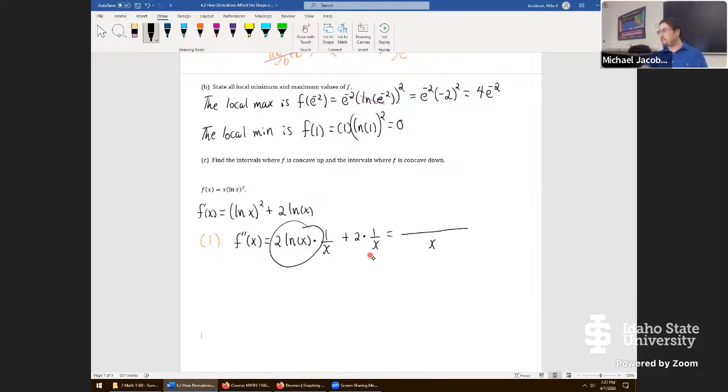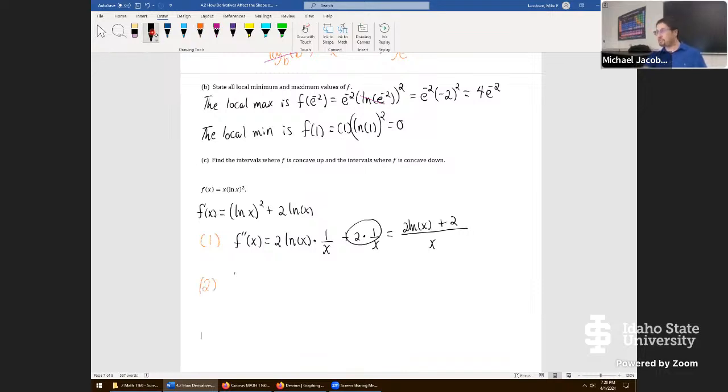That something would just be the addition of the numerators, 2 natural log x plus 2. I think that's about as simple as you can make this derivative. You could maybe factor out a 2, but it's not really giving you too much. So that's going to be really a personal choice, I'd say. I'd probably just leave it in that format. So we've got our second derivative.